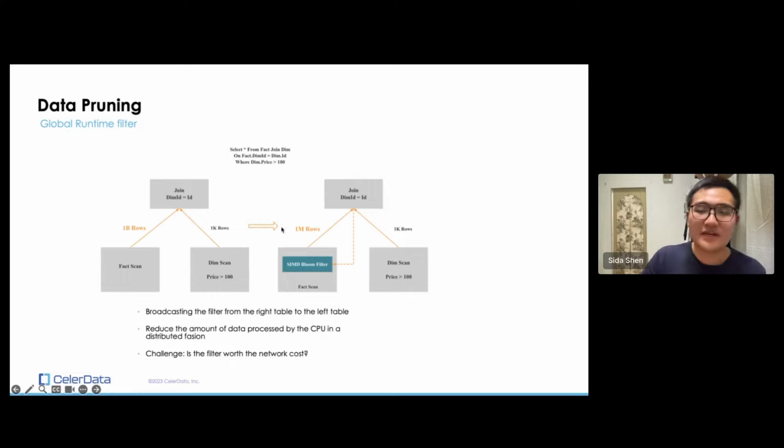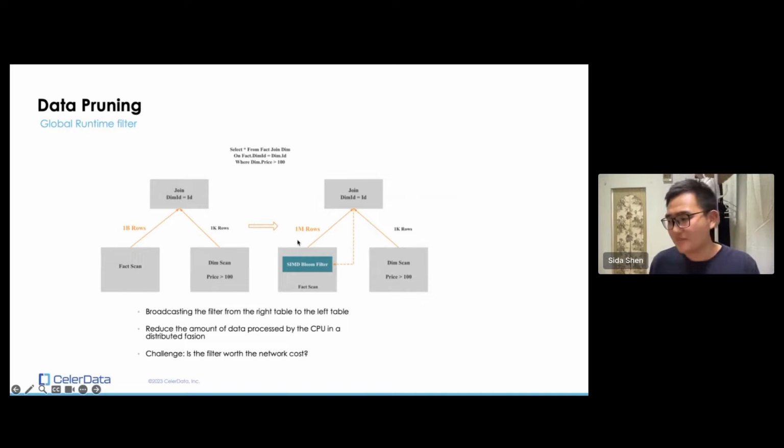But there's more than that. This column might not even exist in the fact table, so simply sending the predicate itself over is not going to work. So what StarRocks does is it has the option to send a Bloom filter from the dimension table, the right table, to the left table, and thus still achieve this 1 billion to 1 million row optimization.